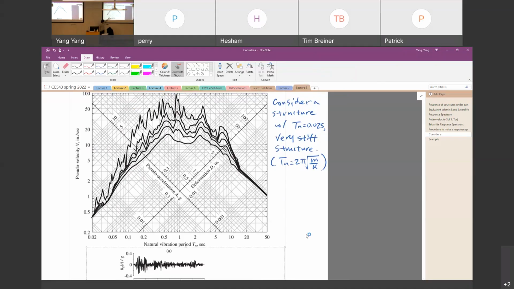It's smaller than 0.4. By inspecting all the data, I would say the maximum here is about 0.32 g.